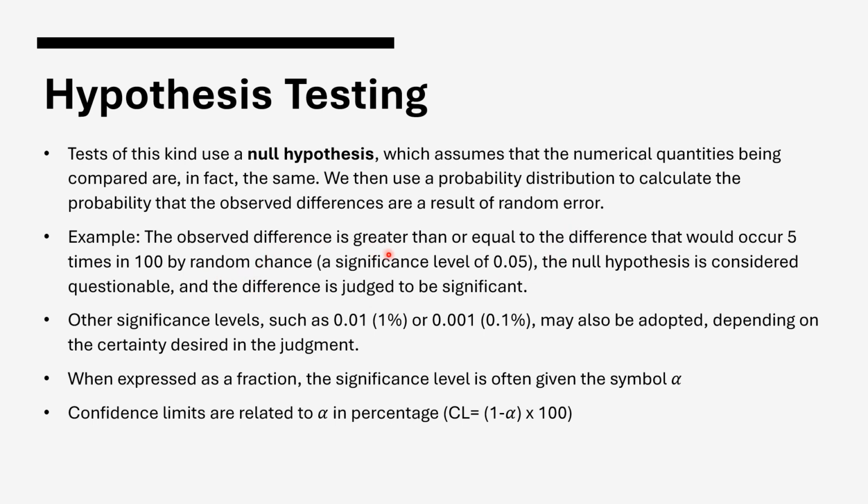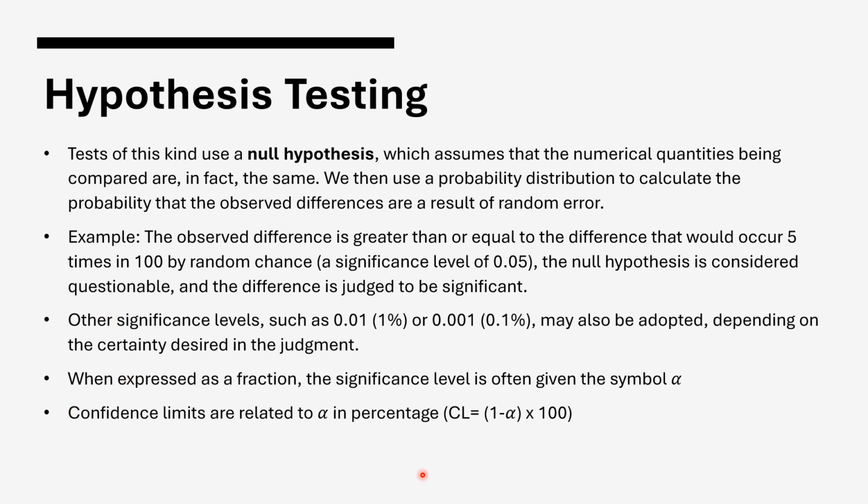For example, if the observed difference is greater than or equal to the difference that would occur in 5 over 100 samples of measurement, that has a significance level of 0.05. If 1 over 100, the significance level is 0.01. If 10 over 100, the significance level is 0.1.